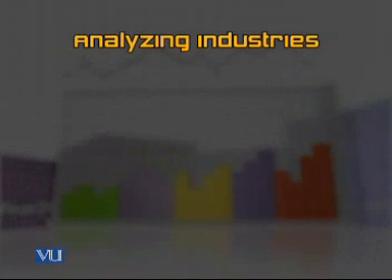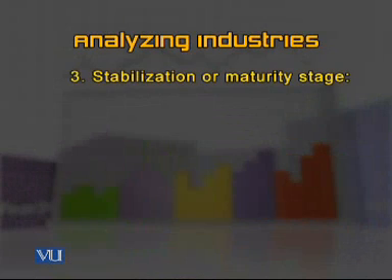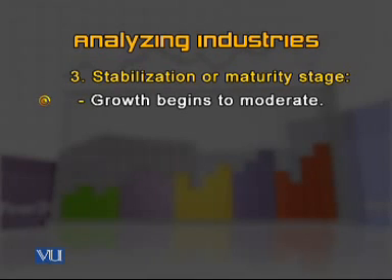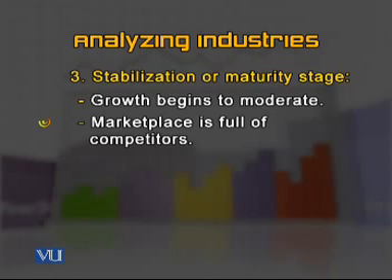So once we've gotten over the pioneering stage and the stage of expansion, we'll look at the maturity stage, or the word that we can use is stabilization stage. Growth begins to be moderate at this stage, the stage of maturity. And then growth will also be seen as a place where there will be a marketplace full of competitors.